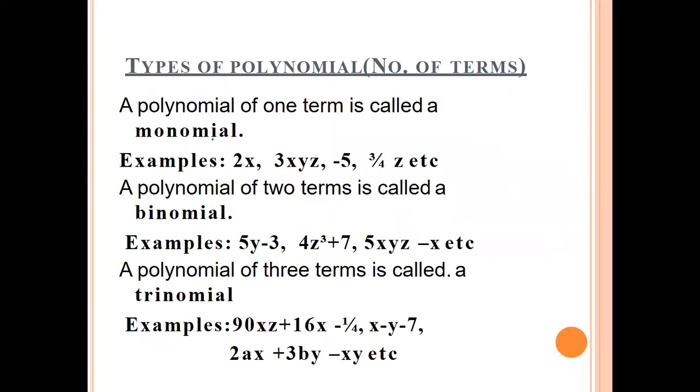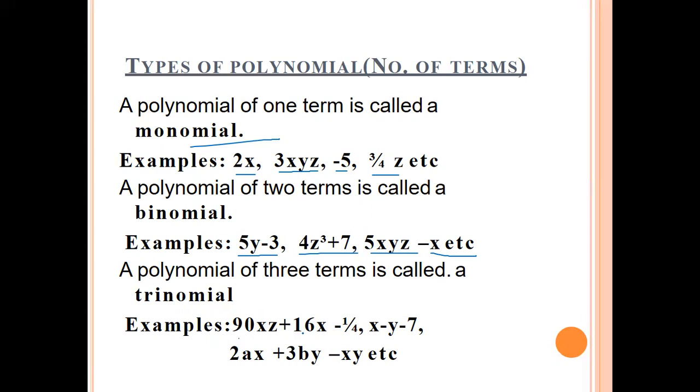Now the types of polynomials by number of terms. A polynomial of one term is called a monomial, for example 2x, 3x plus yz minus 5, 3 upon 4z, etc. A polynomial of two terms is called a binomial, for example 5y minus 3, 4z cube plus 7, 5x by z minus x, etc. A polynomial of three terms is called a trinomial.